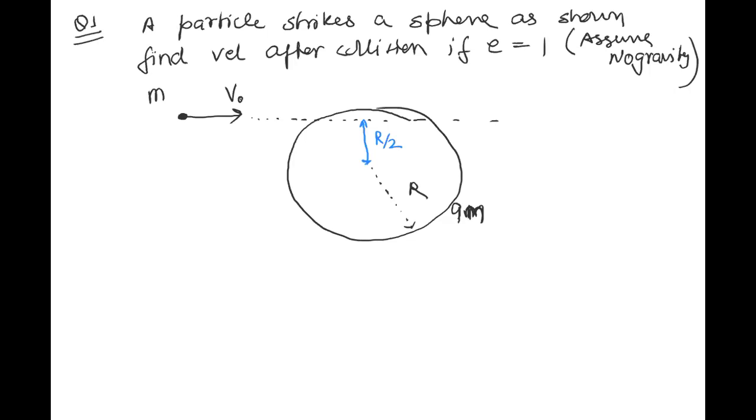So first thing that you have to do is you have to recognize the line of impact. Where is the line of impact? Line of impact will be here, because when the particle strikes, line of impact will be along the normal reaction.